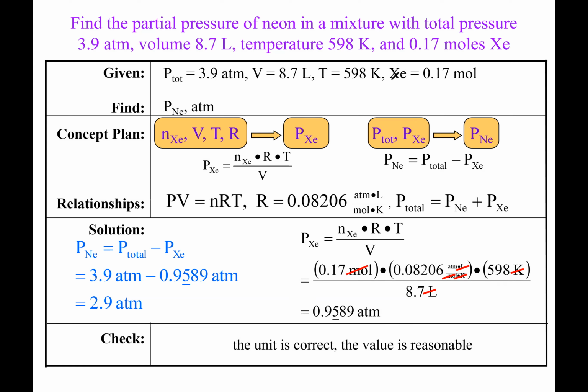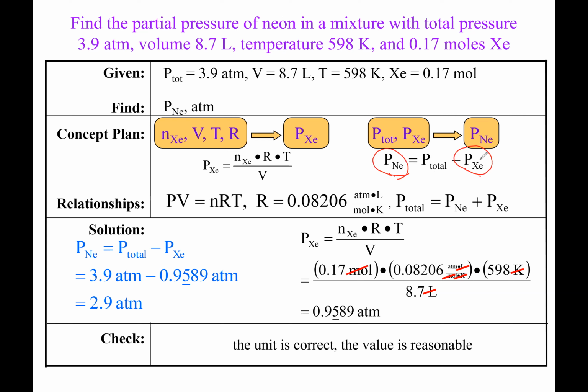So if you want to find the partial pressure for neon, we have the total pressure minus the pressure coming from xenon, which is going to give us the pressure for neon. So all we have to do is find the pressure that is coming from xenon.